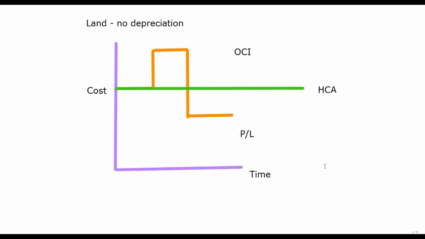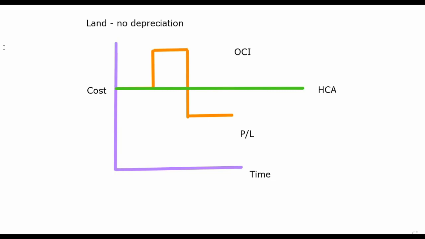That second part said a decrease would go through profit or loss, except to the extent that we already have an other comprehensive income balance, a revaluation surplus balance, and that will be exhausted first. So our first step is to exhaust. Our second step is to go through into profit or loss.